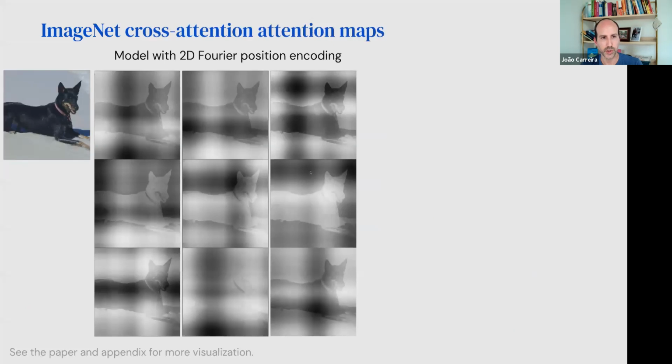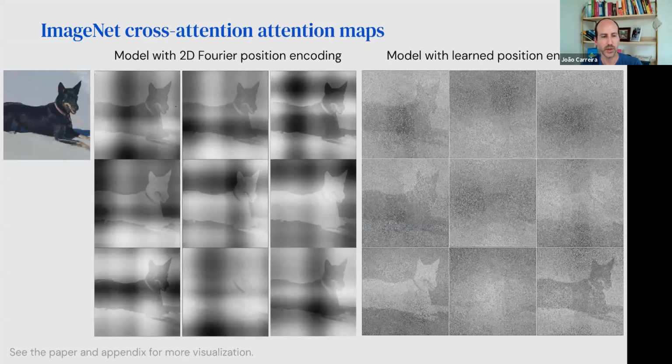Yeah, we can also visualize some attention maps. What I'm showing here is the cross attention, what it's attending to for each of the vectors in the latent array. You can see that for the Fourier position encodings, it does this kind of wavy attention map. It's also worth pointing out that we're not overlaying the attention map with the image.